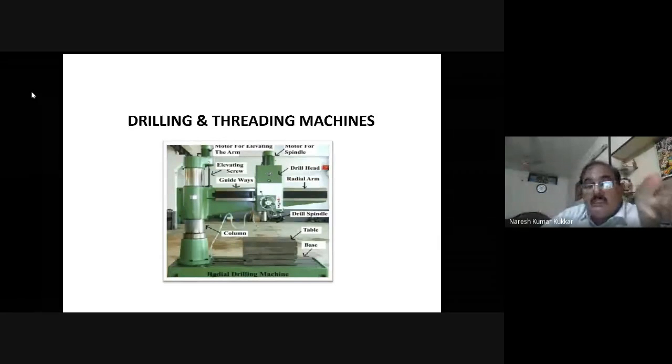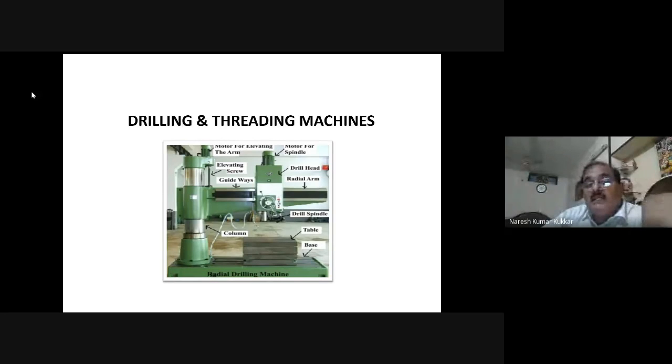We can move this head up and down, and there is another motor for elevating the arm or lowering it. On the base there is a table, and on the table we can put any piece where drilling is required. Then this drilling head moves up and down to drill a hole of your choice and size.